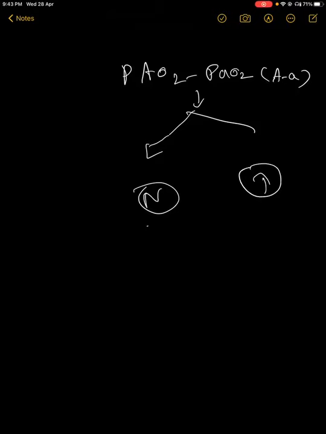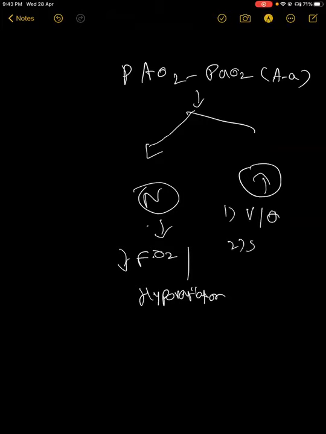Normal in the sense it means the alveolar oxygen is also less, so the PaO2 is also less. That means it could be because of decreased FiO2 or due to hypoventilation, meaning the alveoli itself has less oxygen. Increased means the alveoli has a good amount of oxygen, but due to something like VQ mismatch, shunt, or diffusion defect, it is not entering the blood.